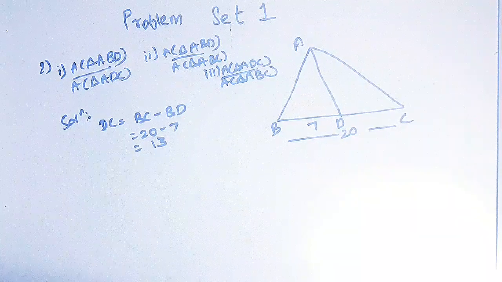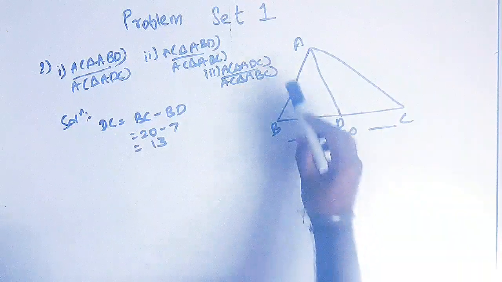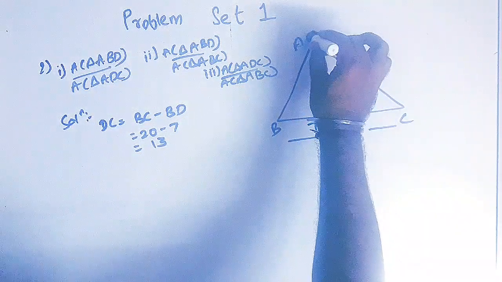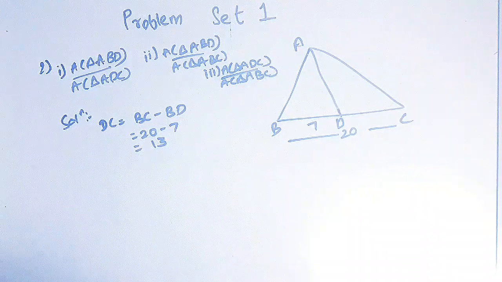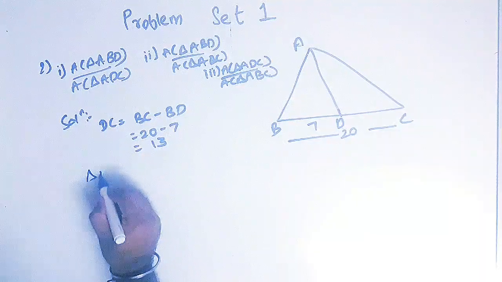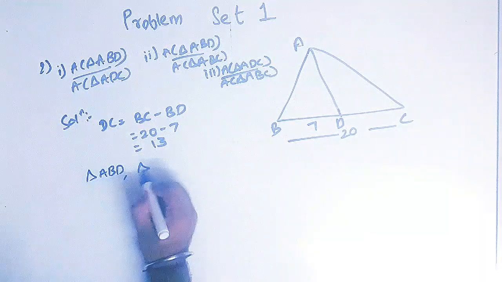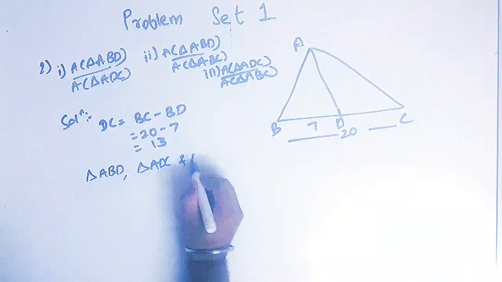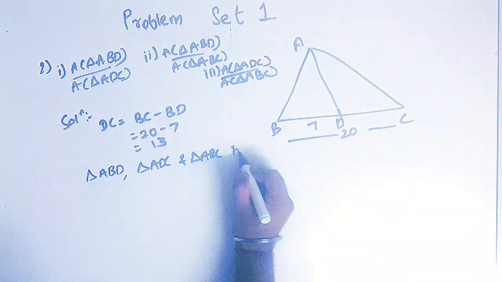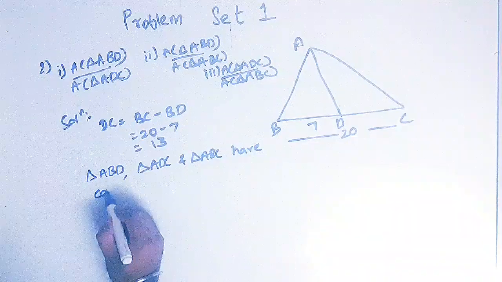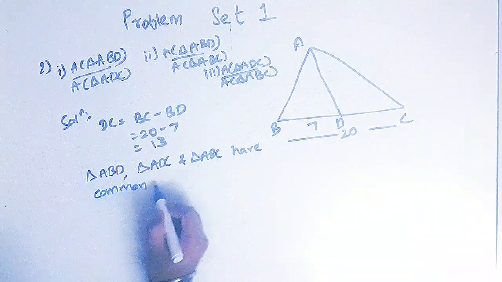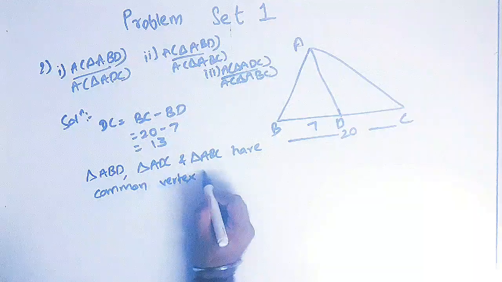Now, what can you observe in common about these three triangles is that all three triangles are originating from A. When I say they are originating from A, it simply means that they have a common vertex A, triangle ABD, triangle ADC and triangle ABC have the same vertex A.